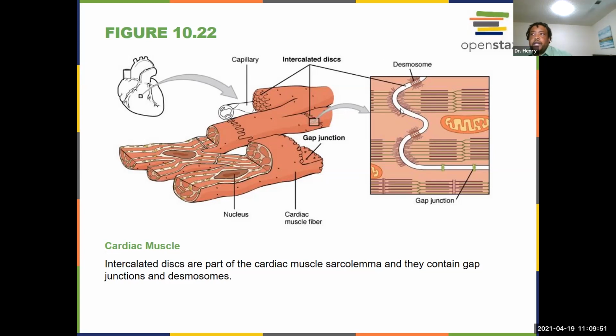The gaps between those muscle cells are called intercalated discs.